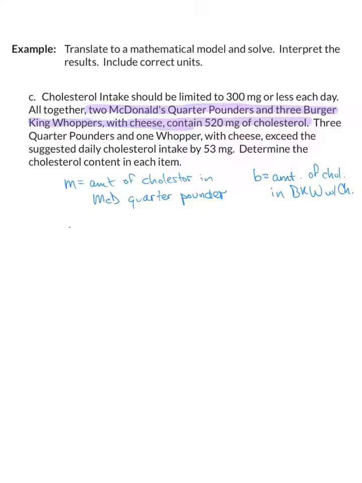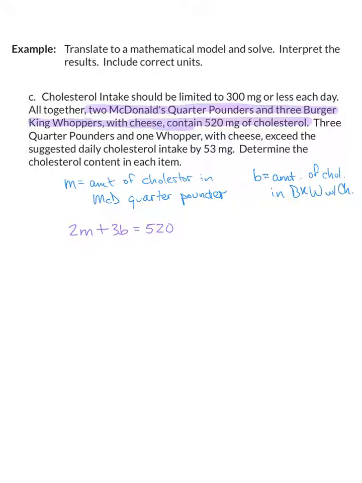Well, this is going to be 2m plus, that's our 2 McDonald's Quarter Pounders, and 3b, that's going to be our 3 Burger King Whoppers with cheese. And together, they contain 520 milligrams of cholesterol.